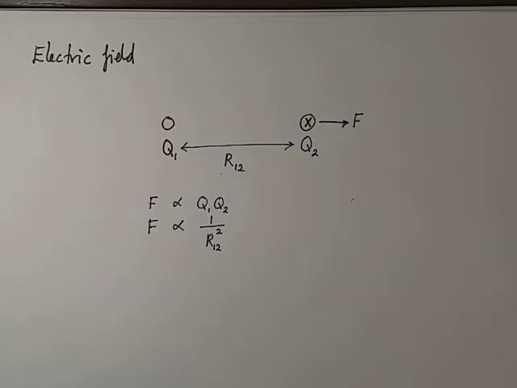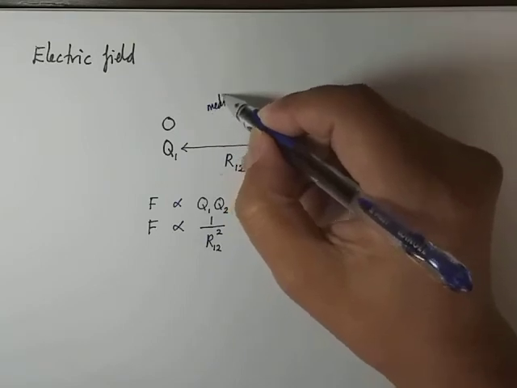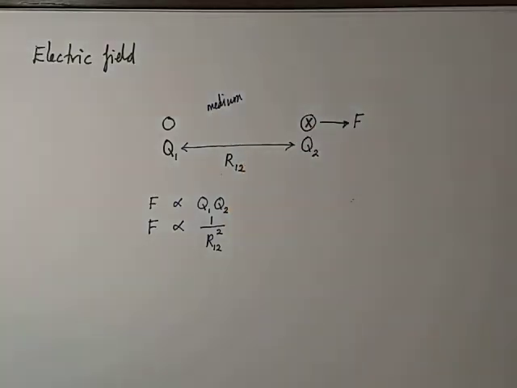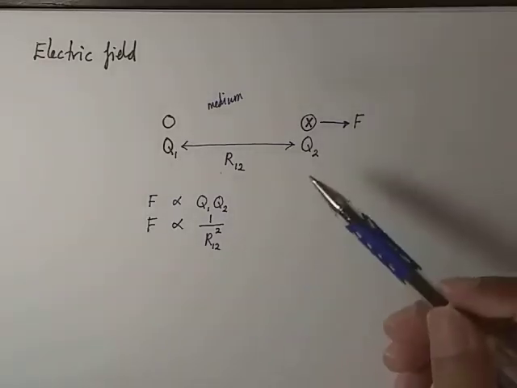And the third consideration that he concluded is the medium, the medium where the system is being created. The medium can be either free space or dielectric materials such as gases, or something other than free space. So that will affect the force.